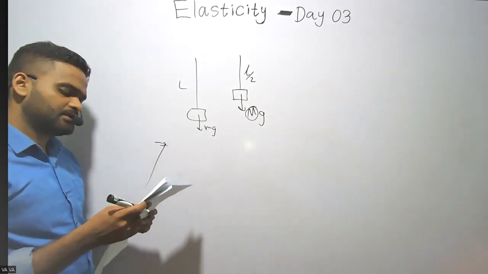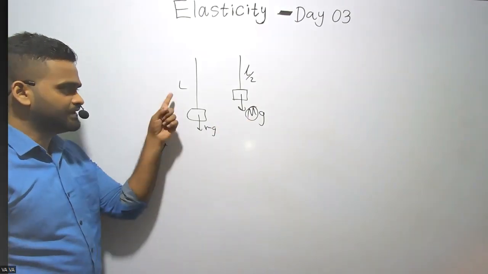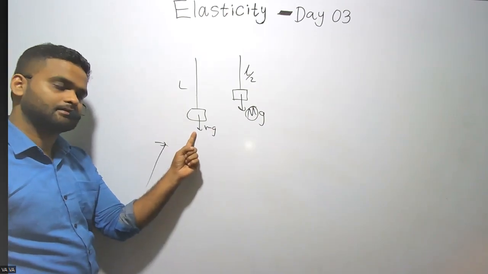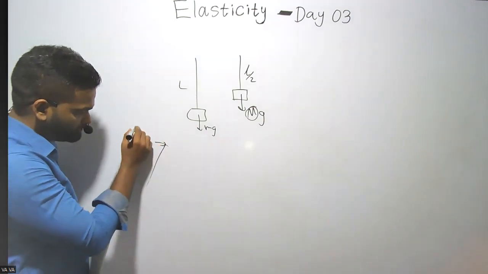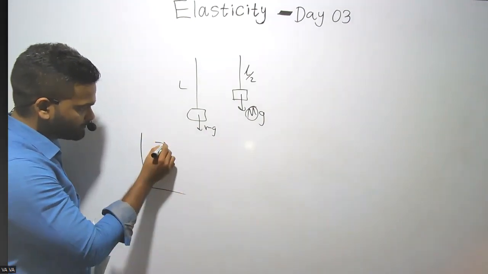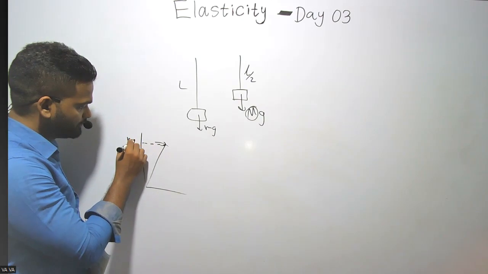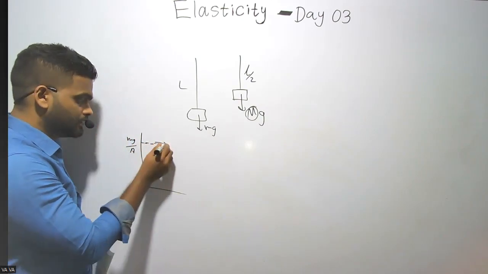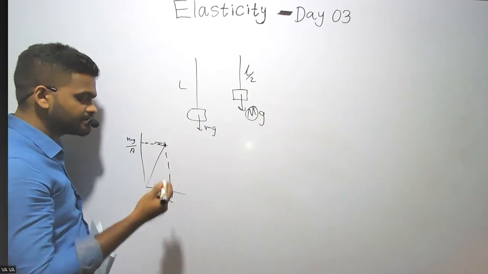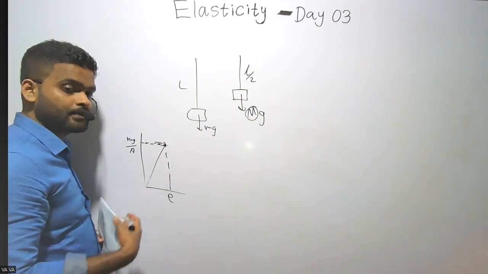So again, in this case, when you apply this mass, this load, the wire reaches the proportional limit at mg over A, where A is the cross section of the wire. At a certain level, it reaches that, right?